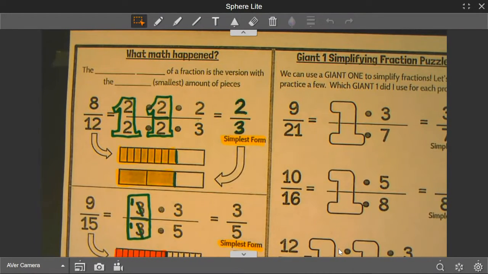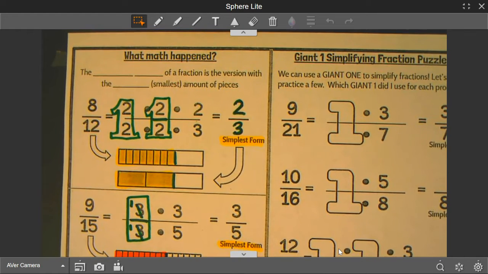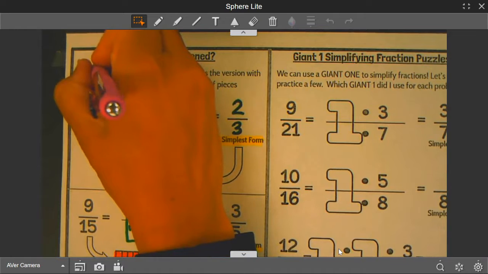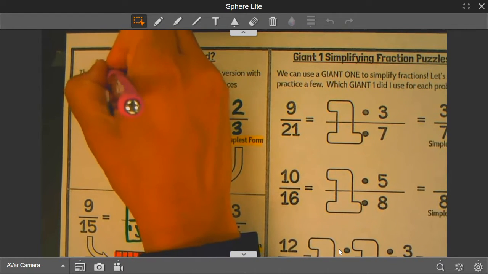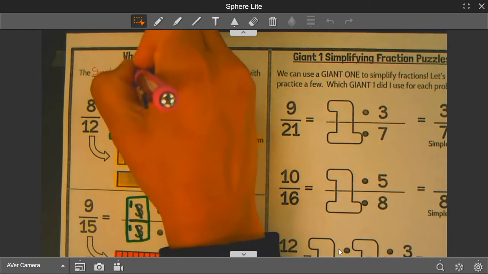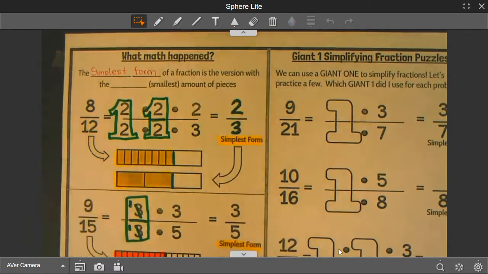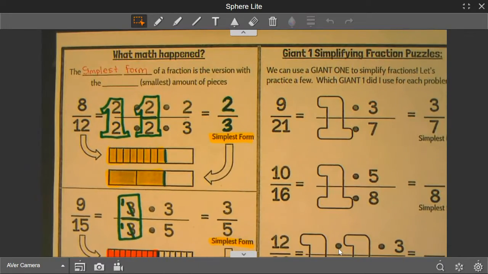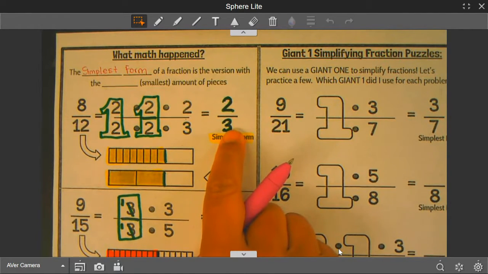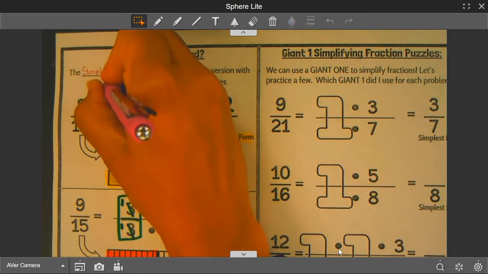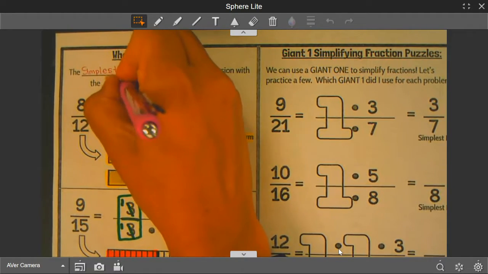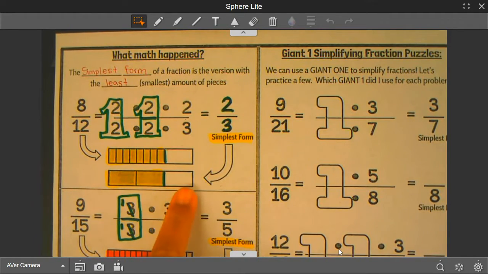Okay, so up here, let's fill in the blank. So I have the blank of a fraction that would be the simplest form. So the simplest form of a fraction is the version with the least, or smallest, amount of pieces.